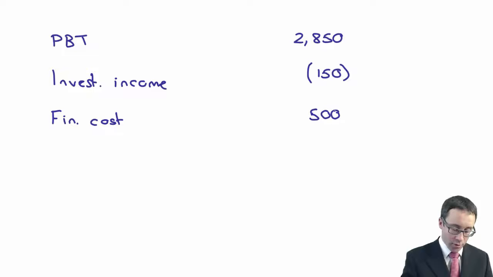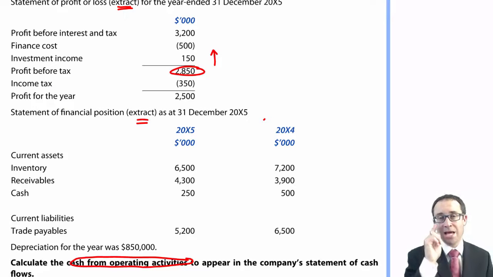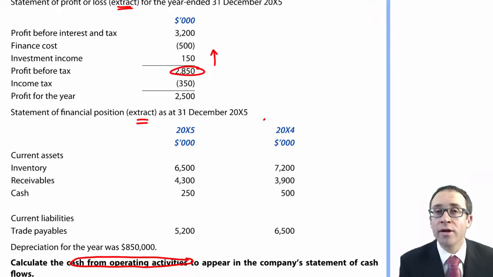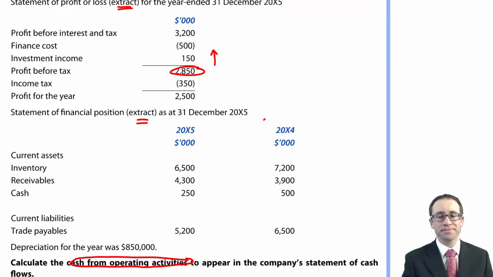Okay, if you work it through, 2850 less 150 plus 500 gives me 3,200, which is the same PBIT figure that we have there. We could just start from the 3,200, but we don't. Okay, we start at PBT and then work backwards to your operating profit. It's crazy, isn't it? But that's what the standard says to do.